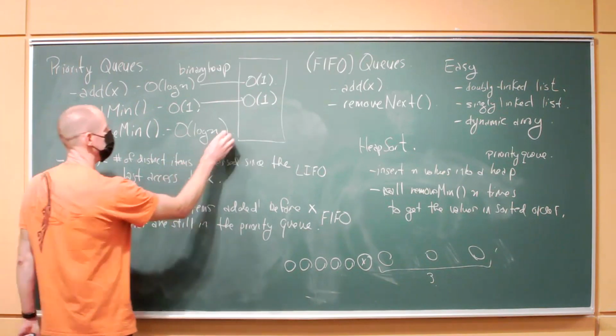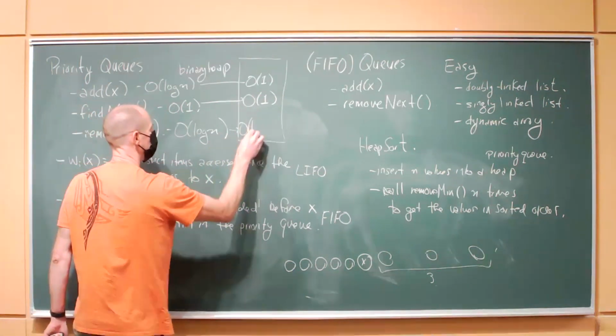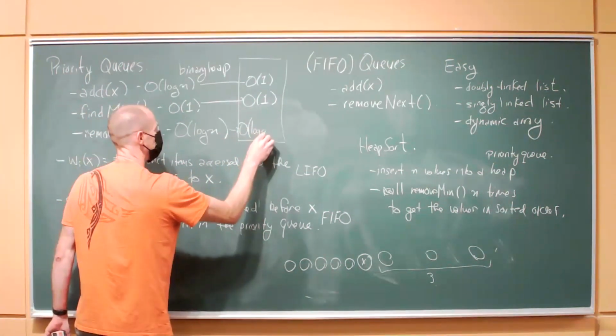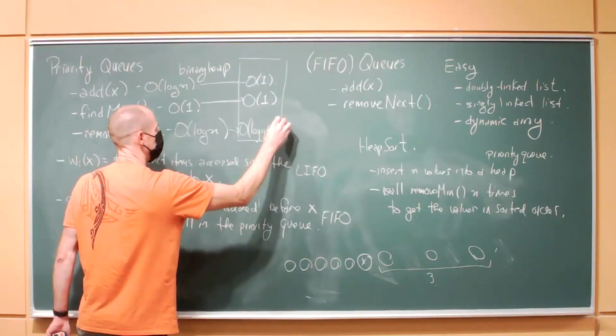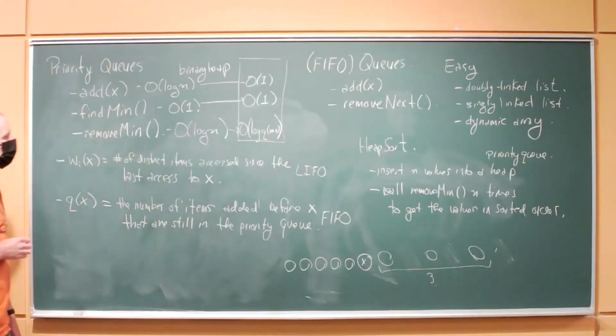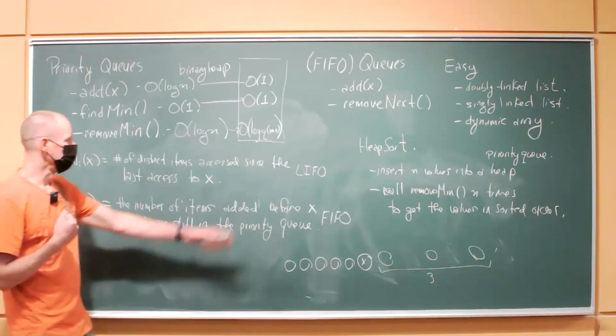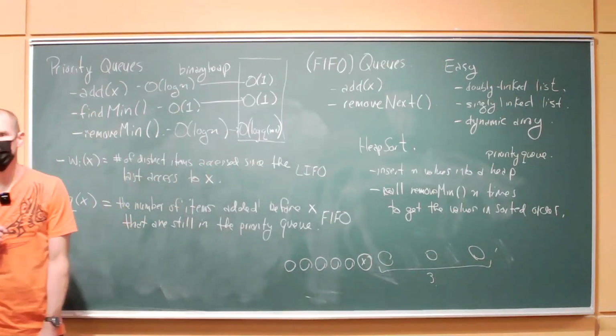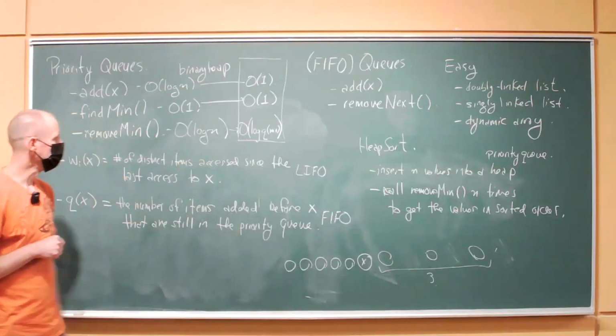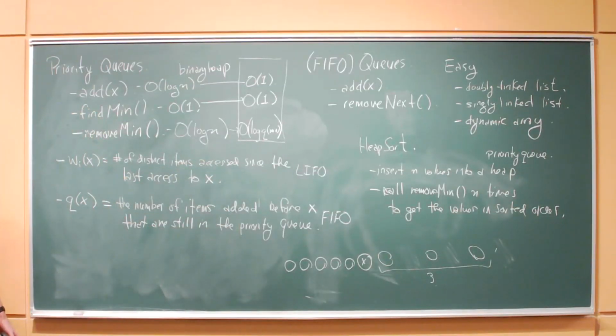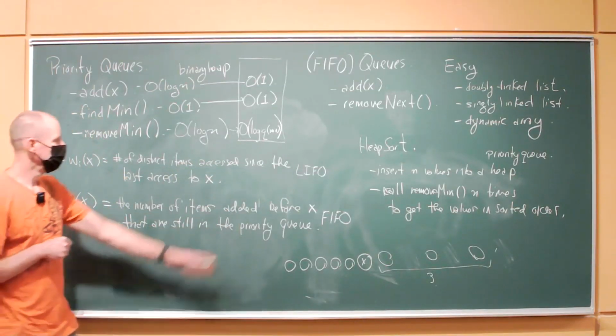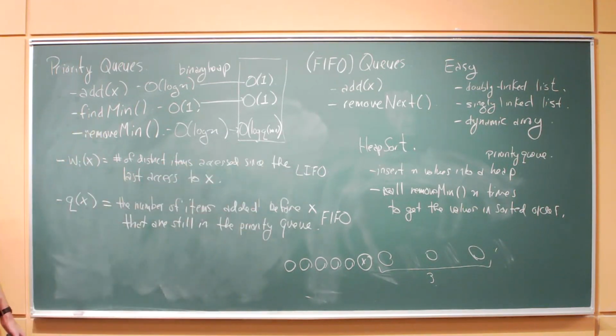And I want to be able to remove the minimum in O of log of Q of the minimum time. So when I remove the minimum, I look at how many items are in the queue that were inserted before the minimum, and I want to be able to do it in log of that number. So this is certainly not more than log n, but could it be much smaller? It could be, well, log of 0.